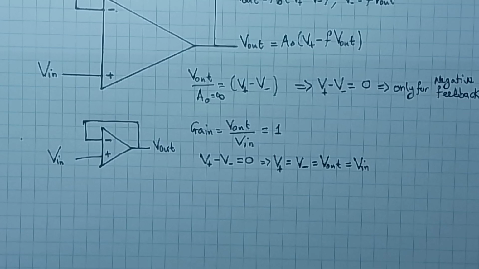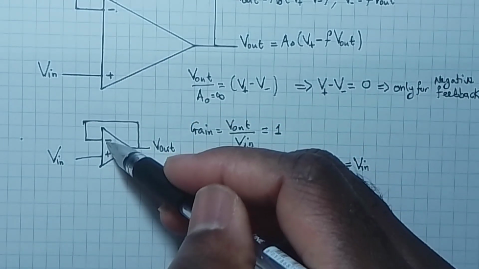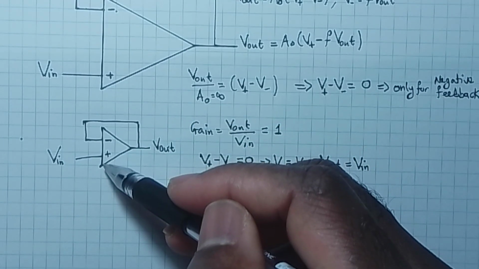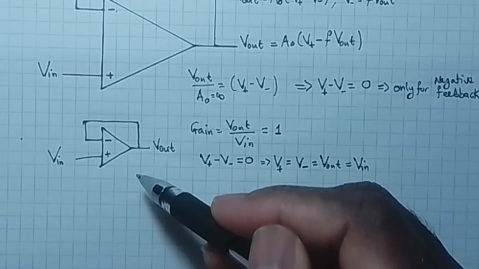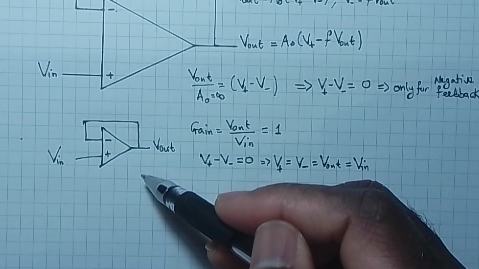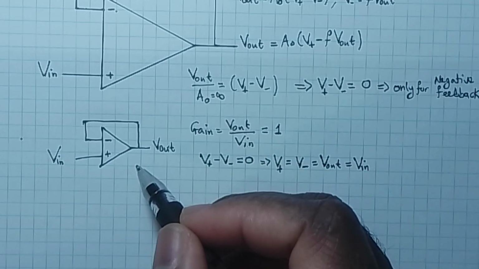However, it is important to recall that an op amp's input impedance is huge while its output impedance is extremely small.